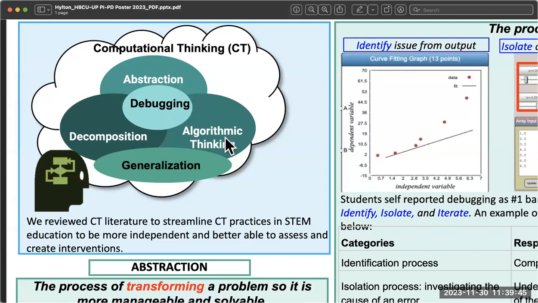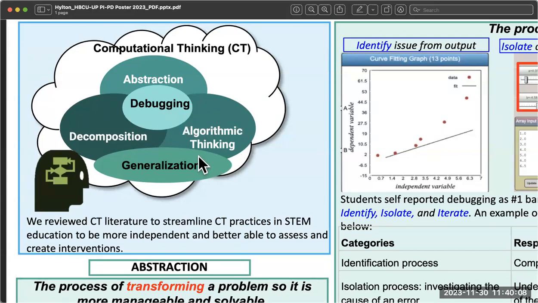After reviewing the theory literature, especially in STEM education, we came up with the following 5 CT practices that were informed by all of the literature. The first is abstraction, a process of transforming the problem into one that is more feasible and easier to solve. Debugging is a process of making sense of a solution.